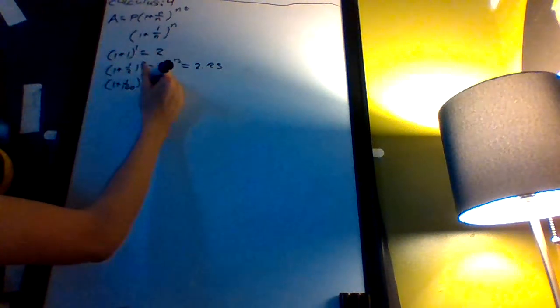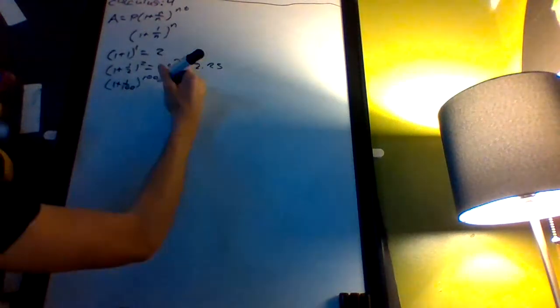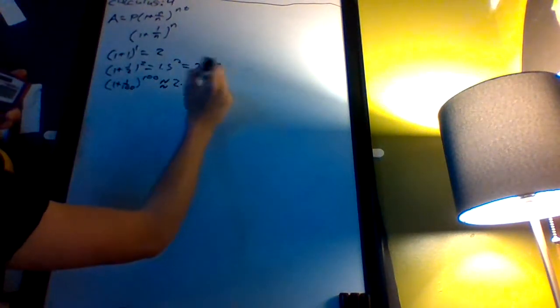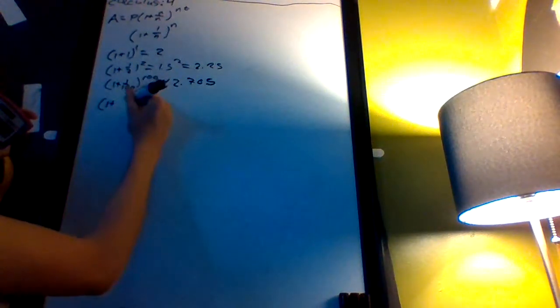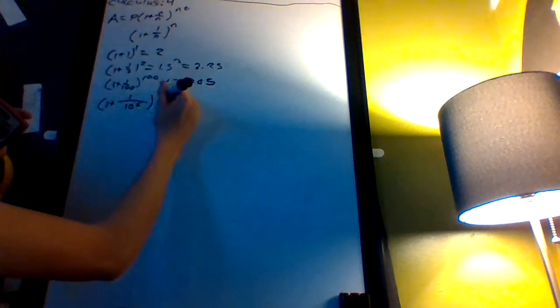What if I compound it 100 times? Well, if you pull out your handy dandy calculator, you get right around 2.705. What if I calculate it 1,000,000 times, or 10 to the 6th? Right? What would this give me?